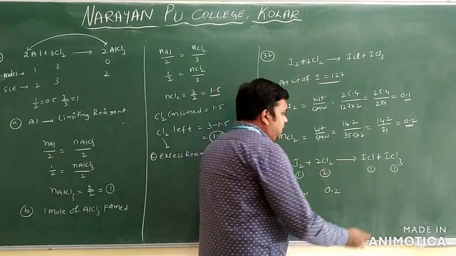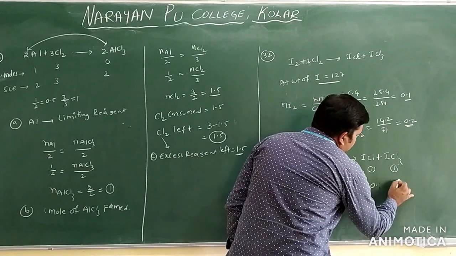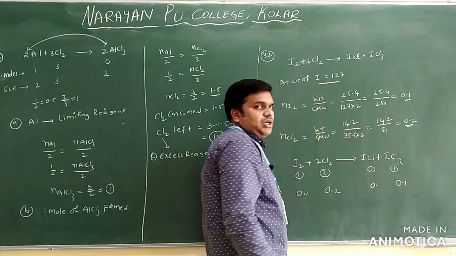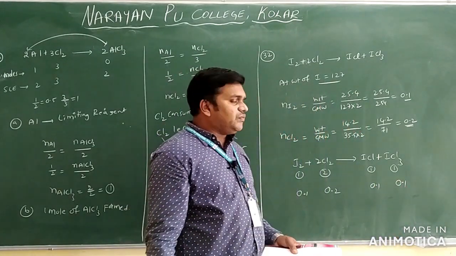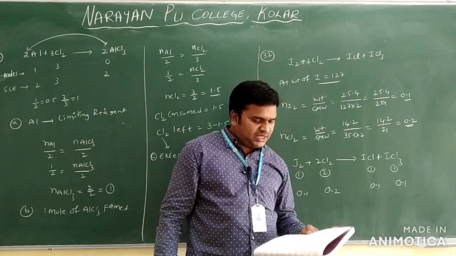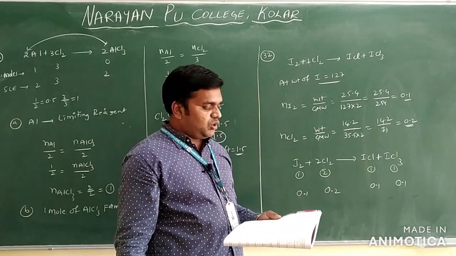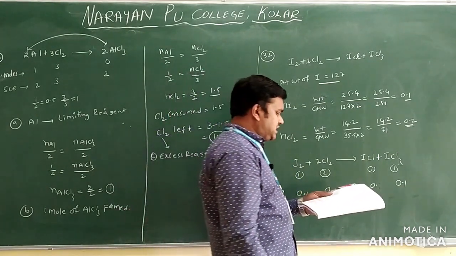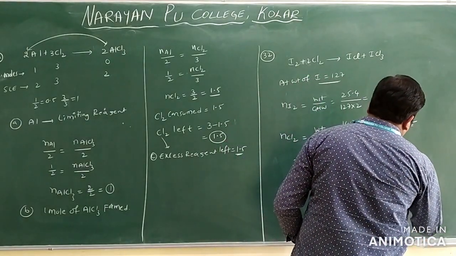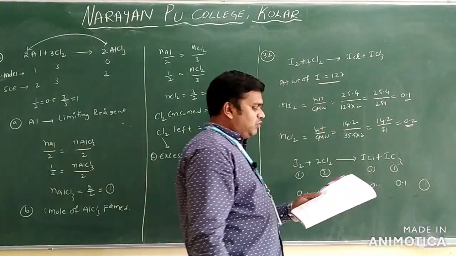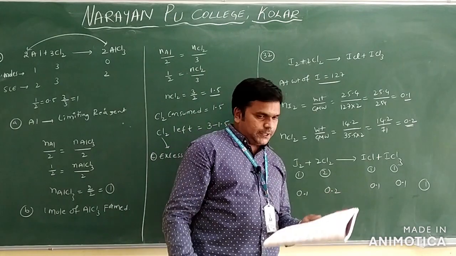So in the place of 1 and 1 for the products, you will get 0.1 and 0.1. So the amount of ICl and ICl3 formed in this reaction is each 0.1 mole. Looking at the options, it is the first option, 0.1 mole and 0.1 mole.